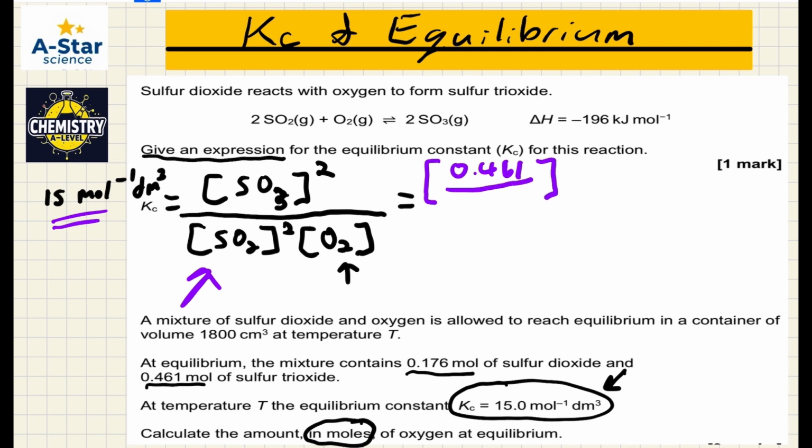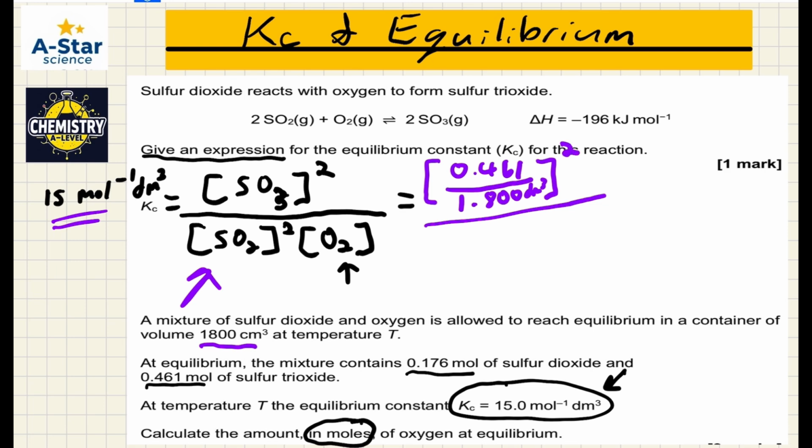Concentration is moles per volume. They give us the volume here, which is 1800 cm cubed. We want the volume in dm cubed, so that converts to 1.800 dm cubed. All of that is squared.